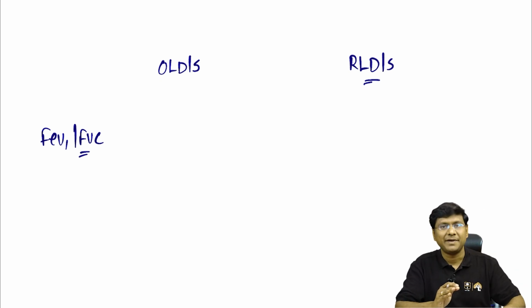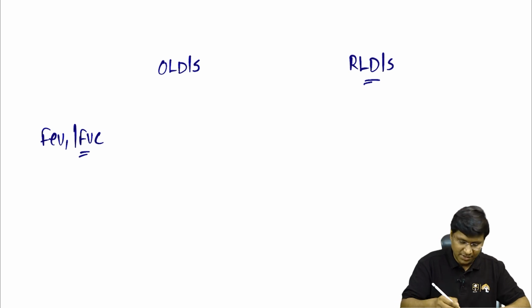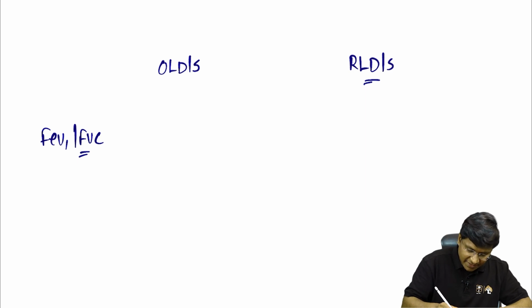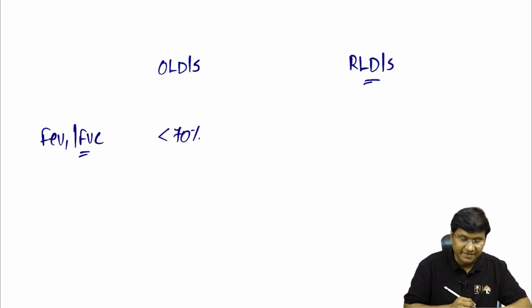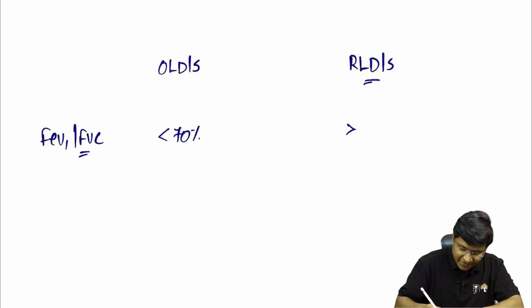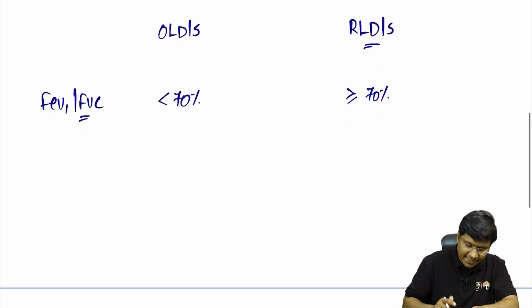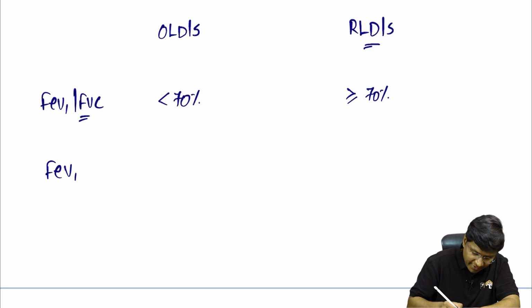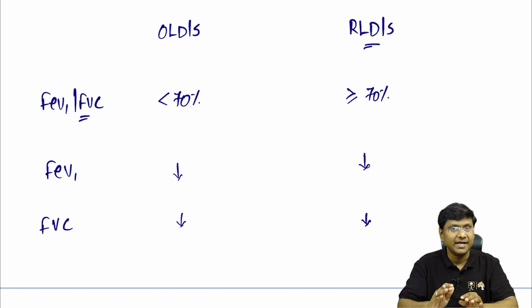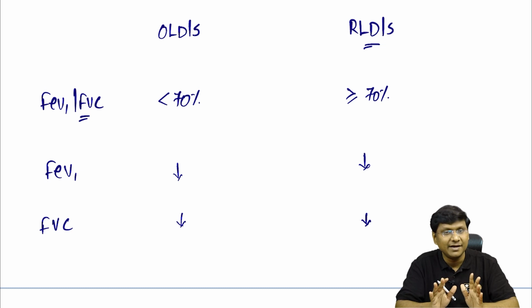This is a very important parameter which will help us to differentiate them. In the obstructive lung disease, the FEV1 by FVC will be less than 70%, whereas in the restrictive lung diseases, the FEV1 by FVC will be more than or equal to 70%. And in both of these conditions, OLD and RLD, the FEV1 and FVC are both decreased.